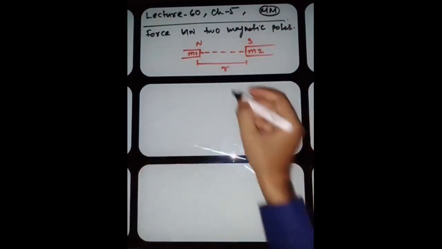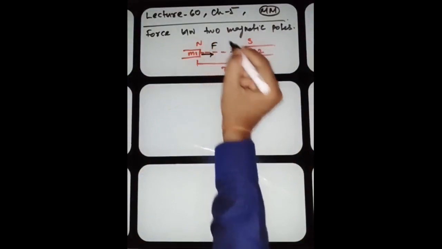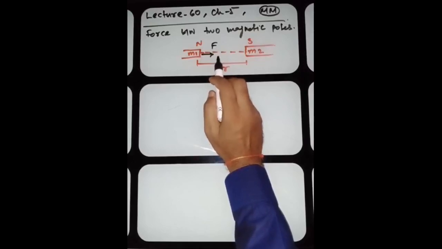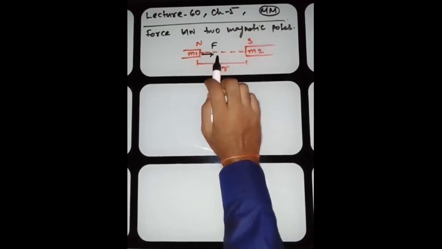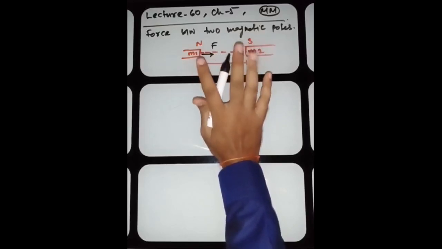If you write the direction of force, you will find it in this way. And for this force we are going to apply the Coulomb's law of magnetic force between the two magnetic poles.